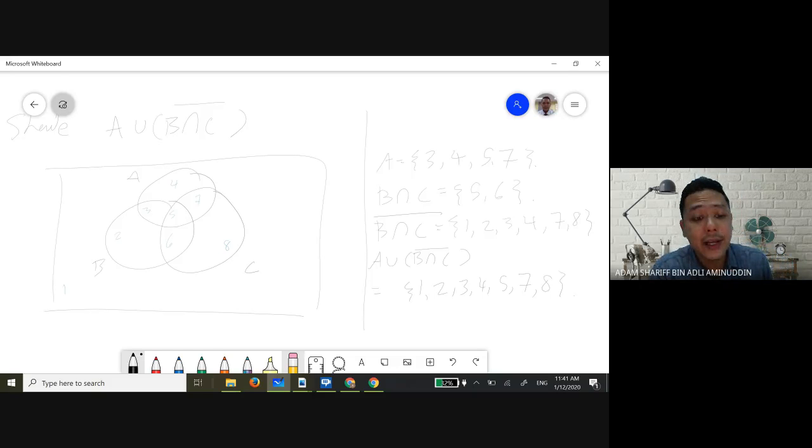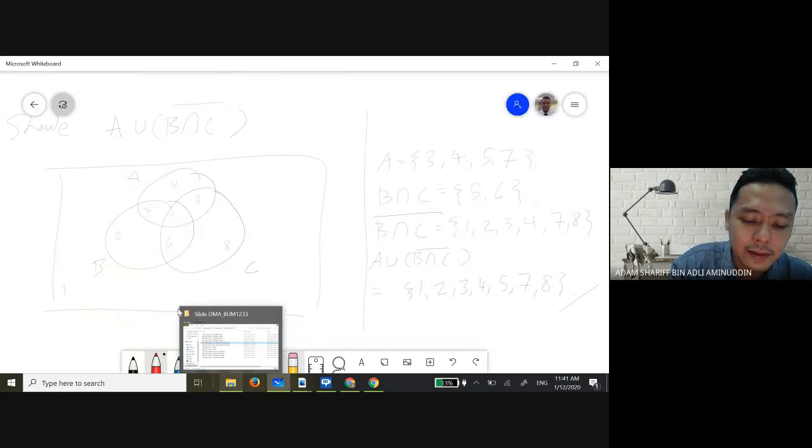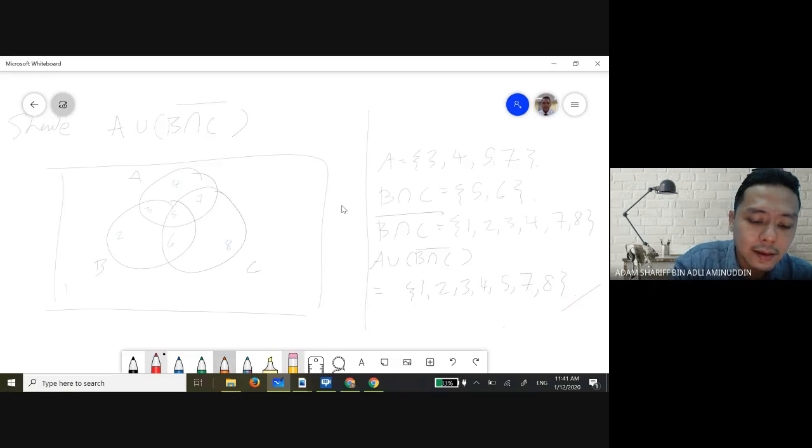I double check with my working. B intersect C 5, 6. B intersect C pelengkap selain 5, 6. 1, 2, 3, 4, 7 and 8. Then I union it with A becomes 1, 2, 3, 4, 5, 7, 8. Okay, if this interpretation on the right is correct, then you can safely lorek kawasan yang sepatutnya, kecuali berapa?